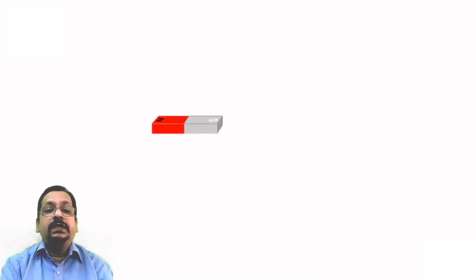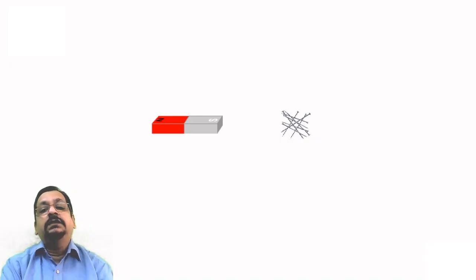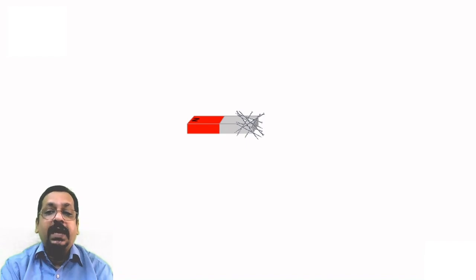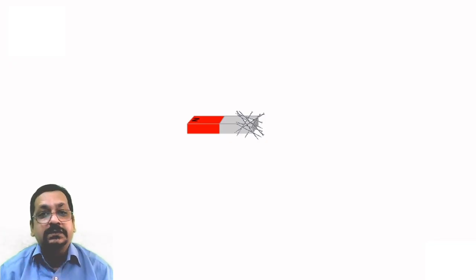What is that activity? We have taken a magnet and we have some iron pins. Now if we bring this bar magnet close to the pins, what will happen? Let us see that. The pins get stuck to the magnet. So there is attraction between the magnet and the pins.